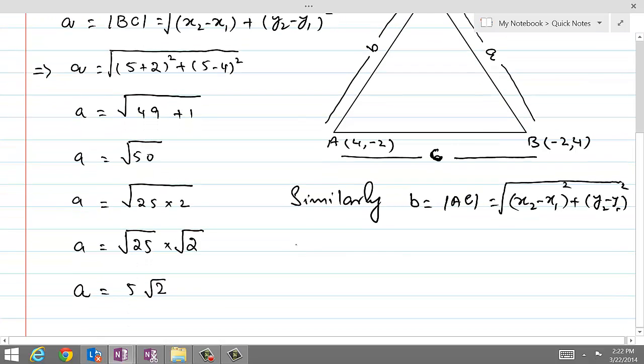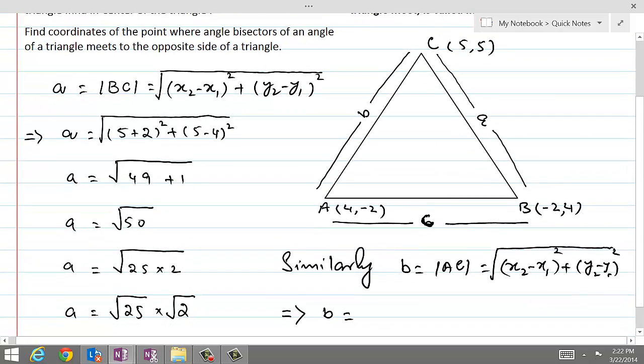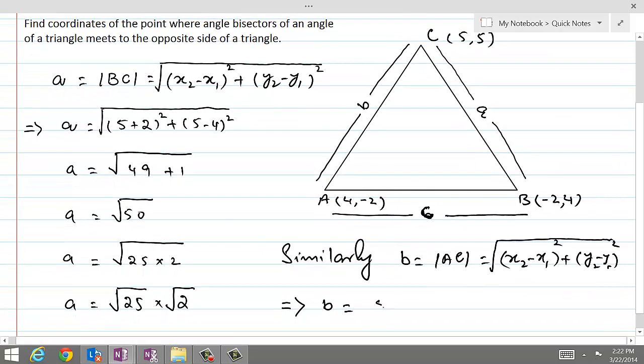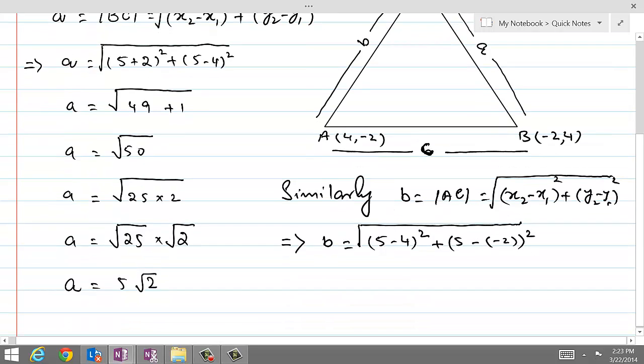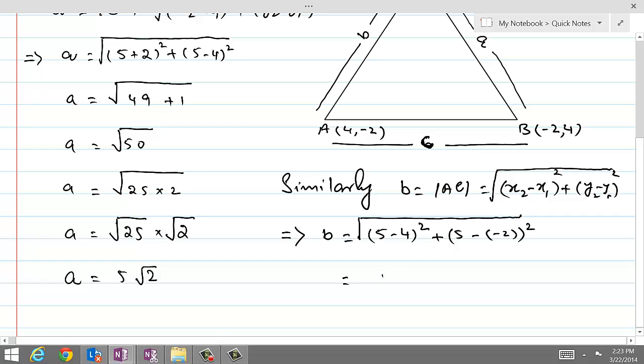And this time we are going to calculate b, and b will be equal to the square root of (5 minus 4) square plus (5 minus -2) square, and this length is equal to 1 plus 5 plus 2, that's 7 square, and this is again exactly the same length as a.